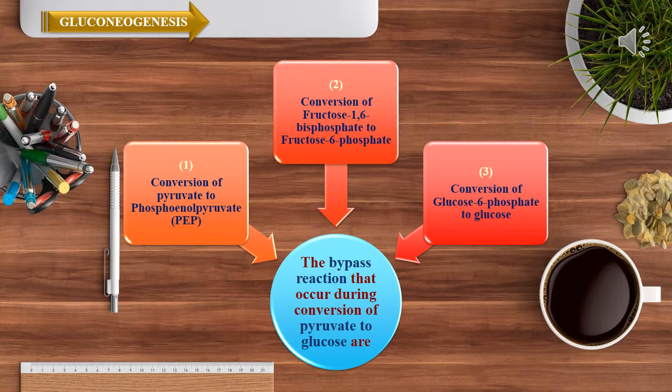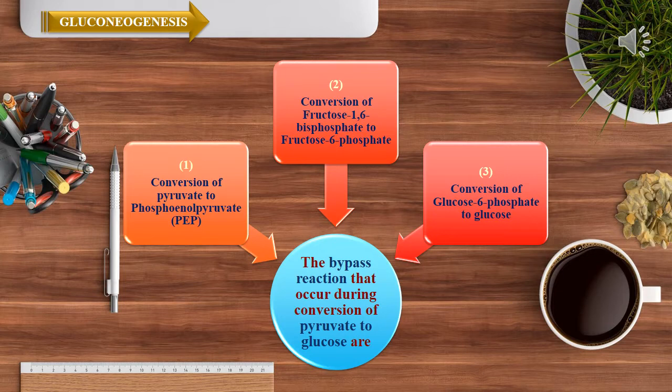First is conversion of pyruvate to phosphoenol pyruvate, another important energy rich compound.